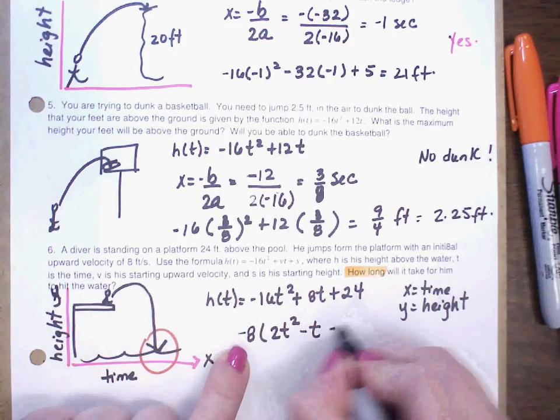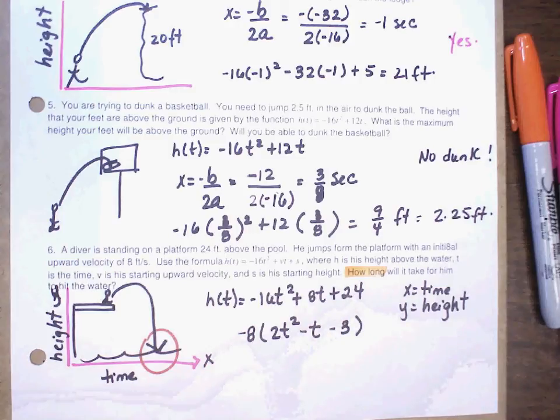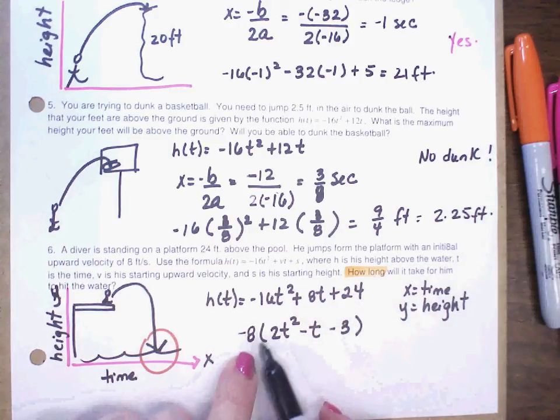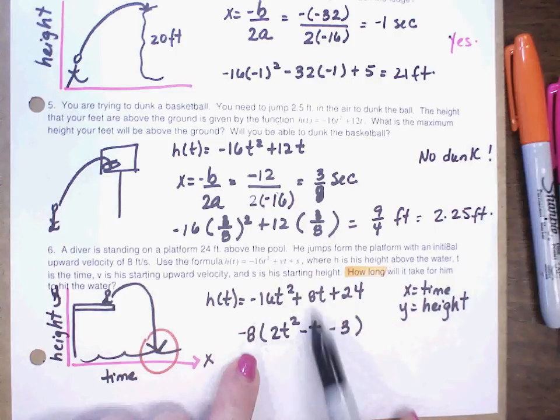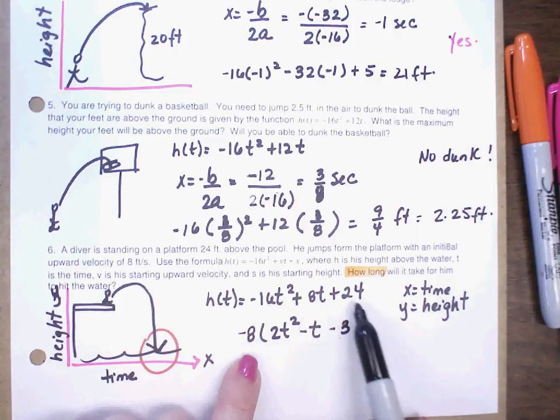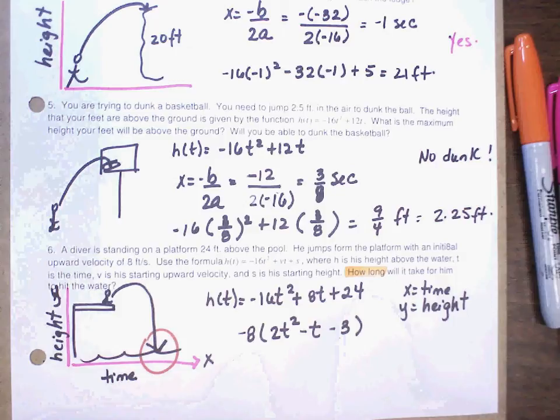To check, I'll do my mental math. Negative 8 times 2, negative 16. Negative 8 times negative 1, positive 8. And negative 8 times negative 3, positive 24. So I'm good to go, right? Always try to do that. It doesn't take you but 2 seconds. You do it in your head, and you make sure that you have factored correctly.